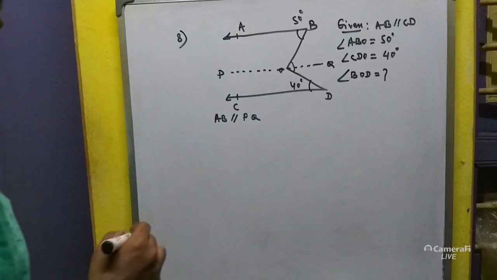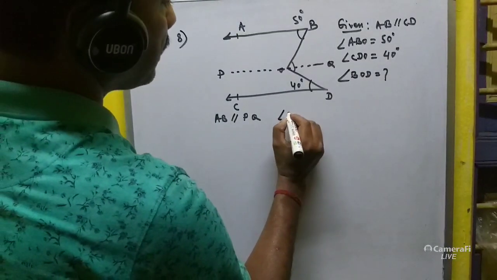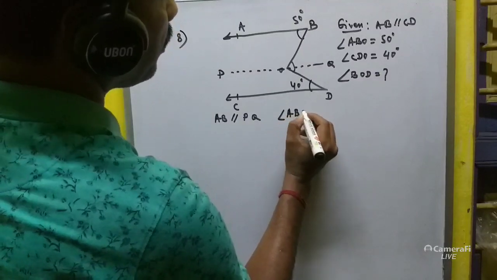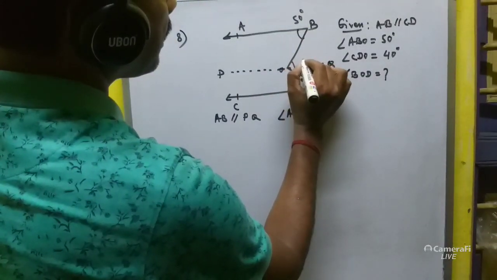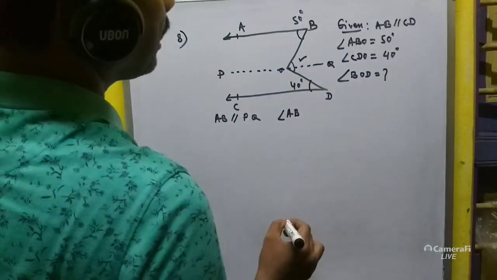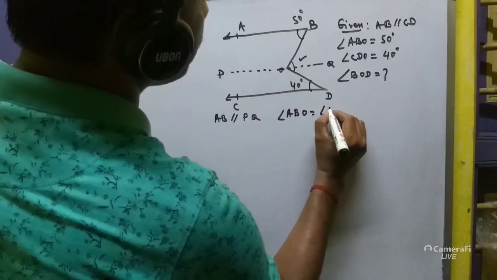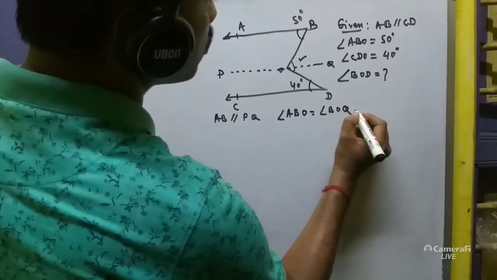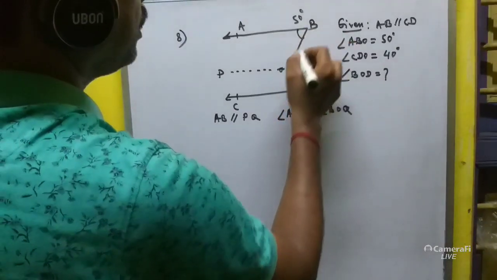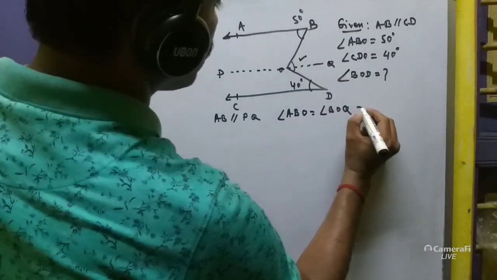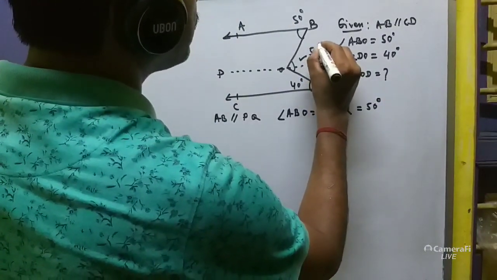Now AB parallel to PQ, so this angle equal to this angle, so angle ABO equal to angle BOQ, so equal to 50 degree. So this angle is 50 degree.